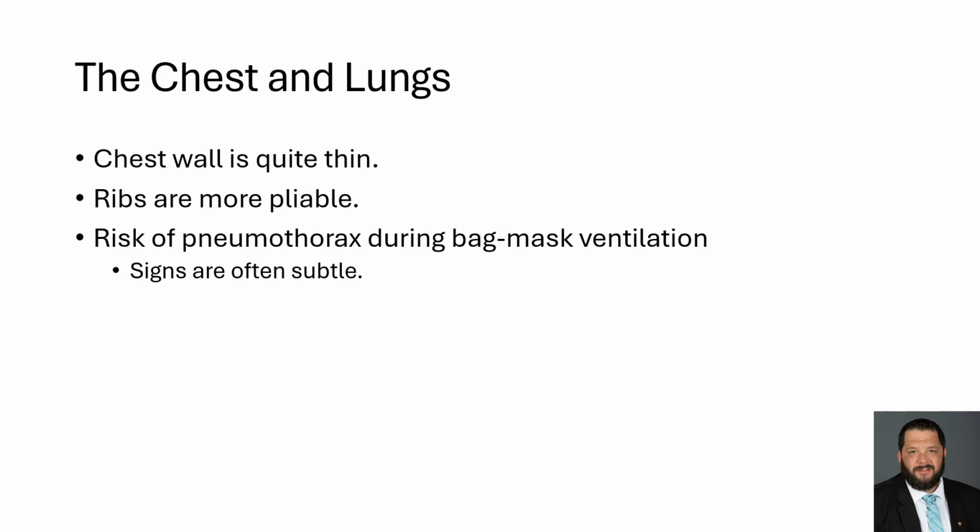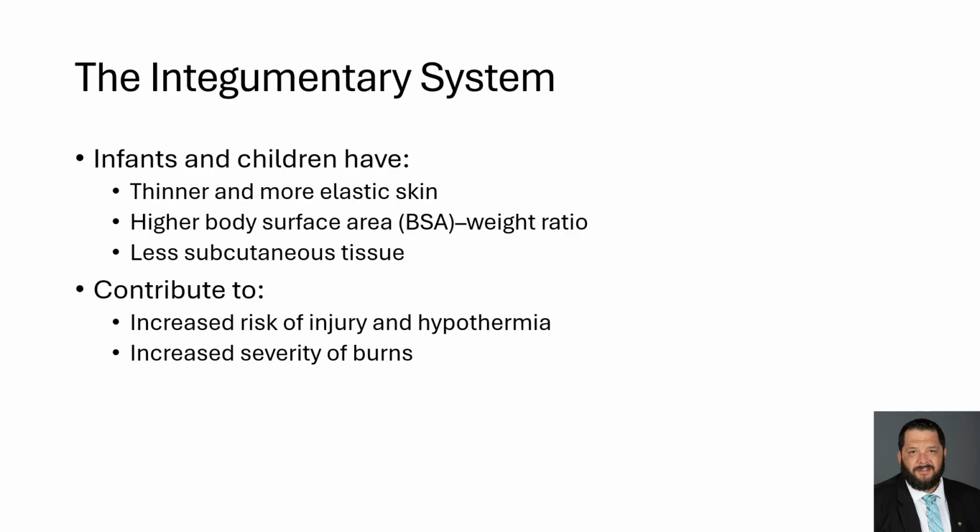One, the physiologic structure of your patient, and two, the general sympathetic nervous system response of the provider, causing either aggressive overinflation or a rapid rate of inflation of the bag valve mask, and creating that barotrauma. So be mindful and understand that signs are often fairly subtle of a pneumothorax in the pediatric patient.